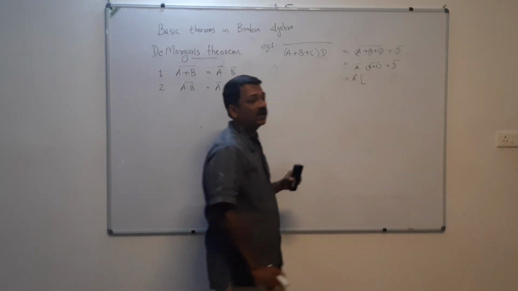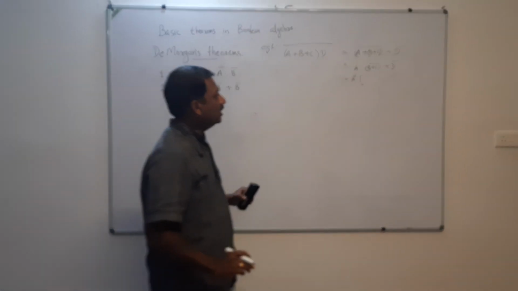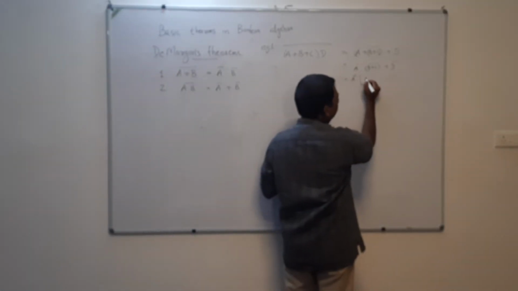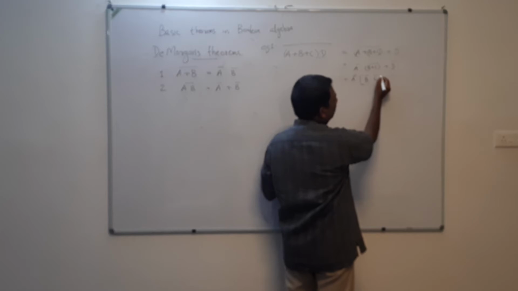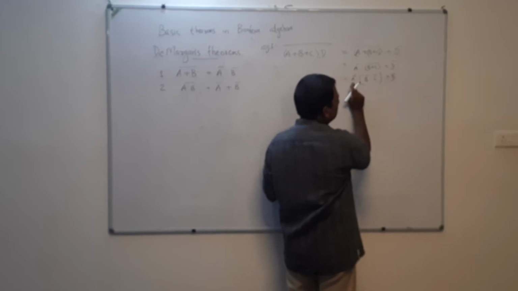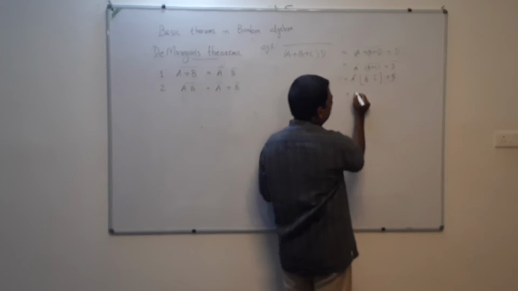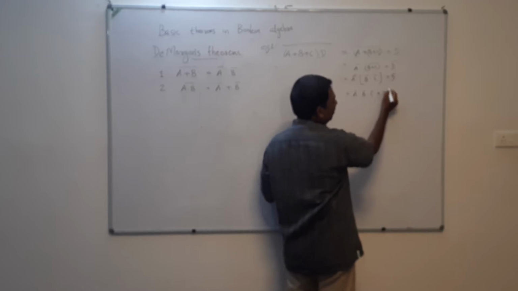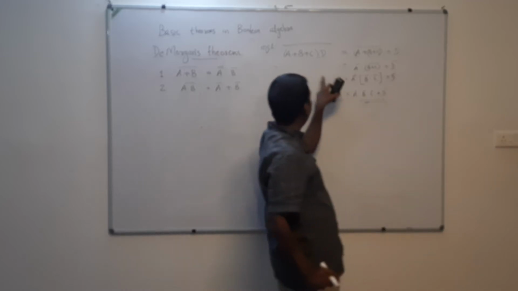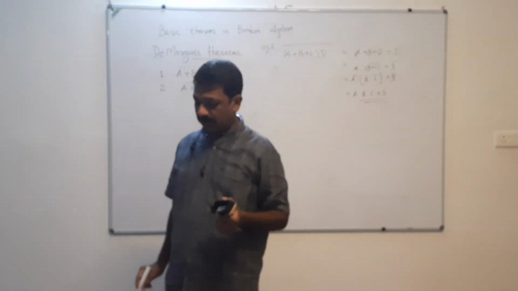B plus C the whole bar is equal to B bar dot C bar. So that gives A bar dot B bar dot C bar. This is simply A bar dot B bar dot C bar plus D bar. This is the simplified form of this, that is A bar, B bar, C bar plus D bar.